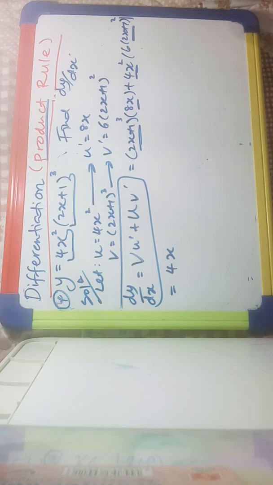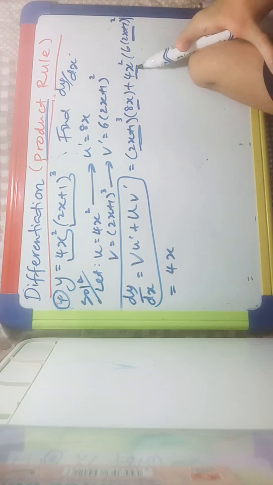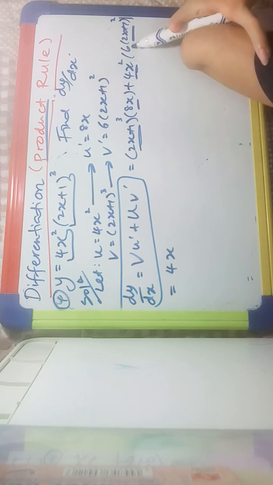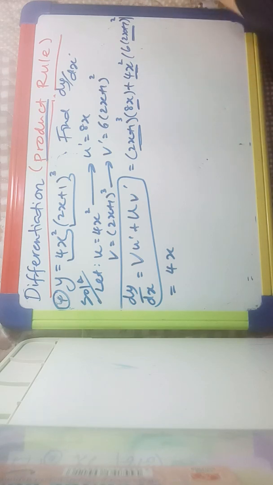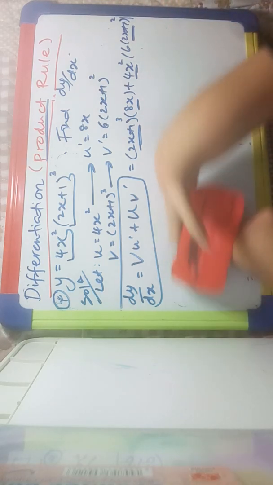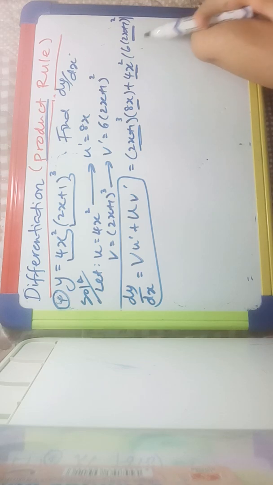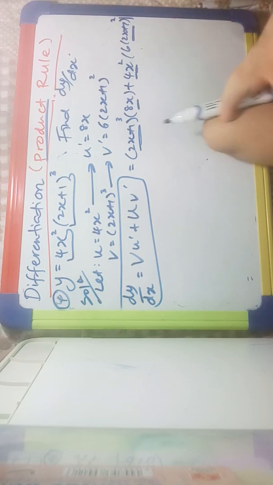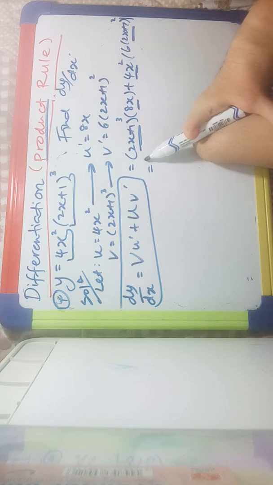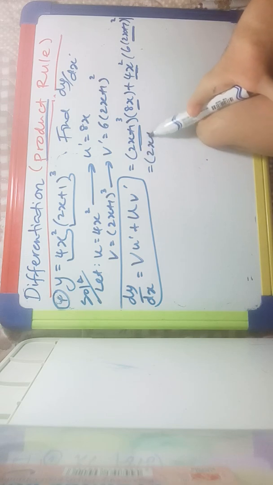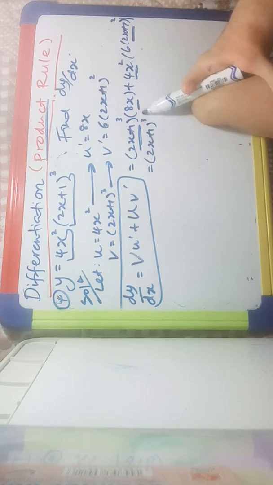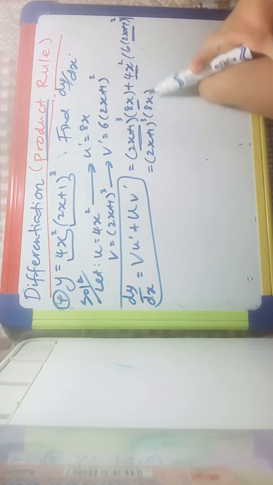Okay, one more thing. Before you want to factorize this one, you see this number 6? Better we do like this. Before we factorize, we expand 6 and 4 first. So let's make it look simple. So 2x plus 1 power 3, 8x.